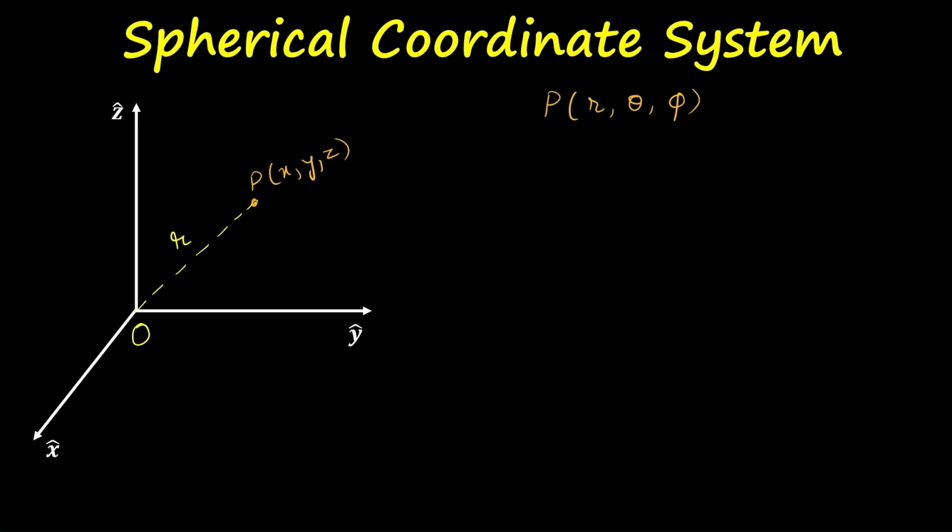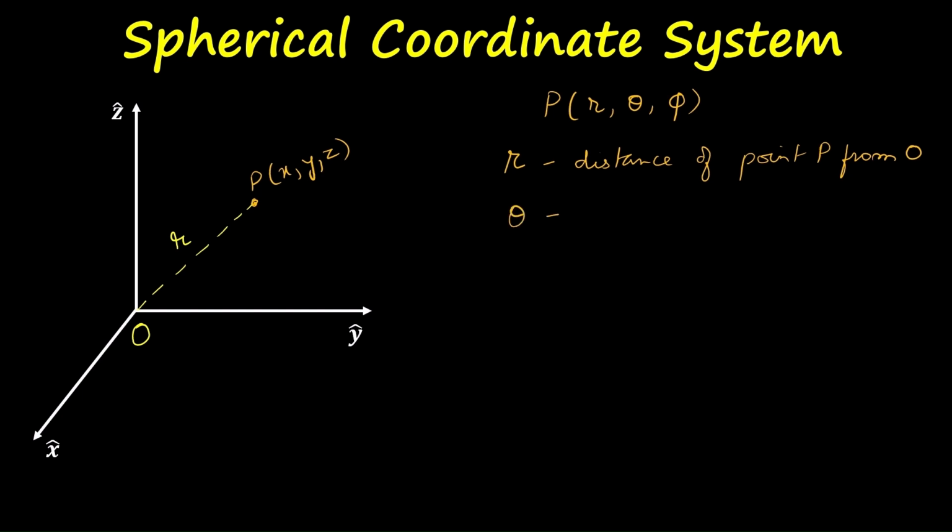So, R is the distance of point P from O. Then what is theta?